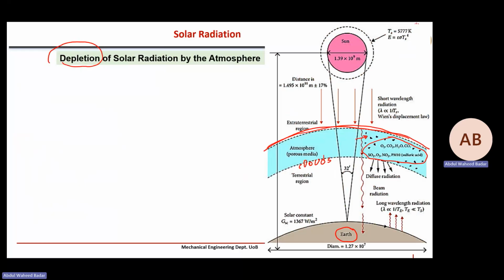Right? So that's why when the solar radiation enters into the atmosphere, and while it is passing through that atmosphere, some of it will be absorbed. Some of it will be scattered, like this one, scattering.